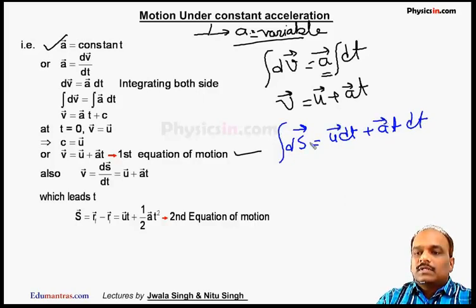On integration of this we get S, which is equal to U t plus half A t square. This is the displacement of the particle, equal to the final position vector minus the initial position vector. This equation is called the second equation of motion under constant acceleration.